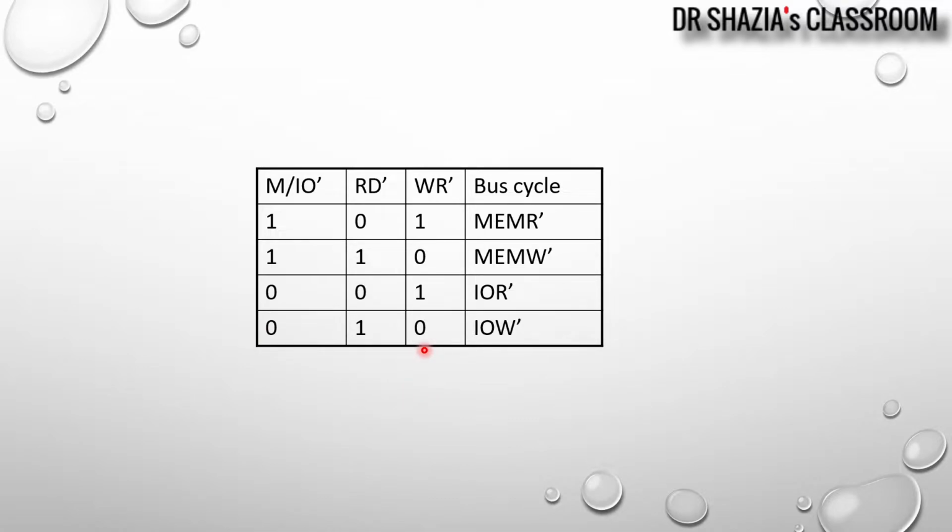So, in this video, we will try to understand what is a bus cycle or machine cycle and how to calculate the type and the number of bus cycles involved in executing a specific instruction.